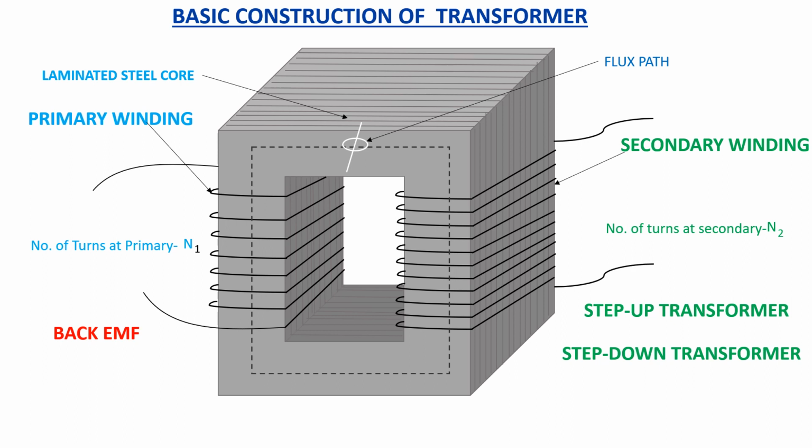In the case of a step-down transformer, the number of turns of the primary winding is higher than that of the secondary. On the other hand, for a step-up transformer, the number of turns of the primary winding is lesser than that of the secondary winding.